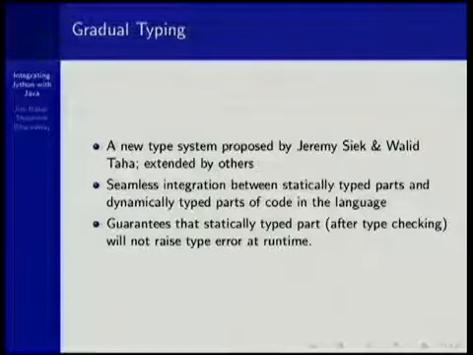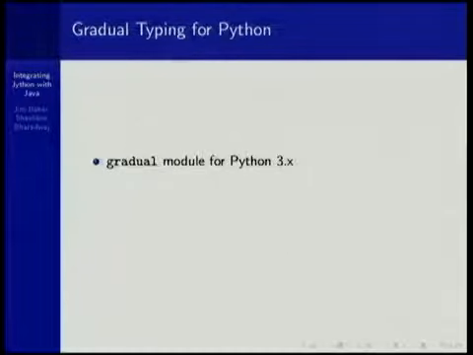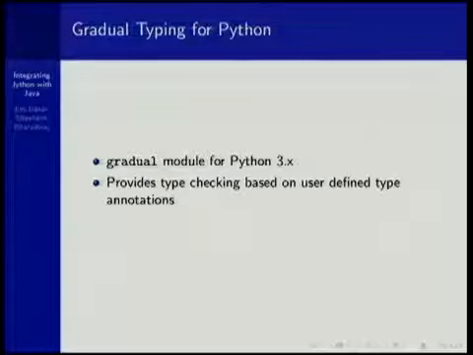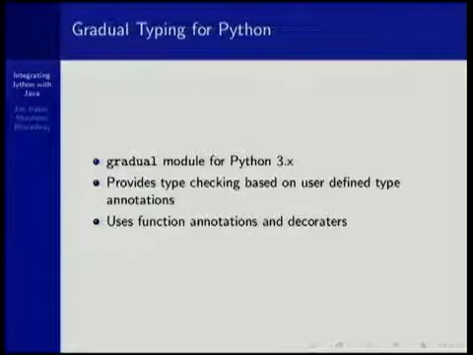So we thought we could use this nice property of gradual typing and get it into Python. With that, we wrote a small Python module which can run on Python 3.x. This makes use of the type annotations introduced in 3.x, so the function annotations, class decorators and function decorators.